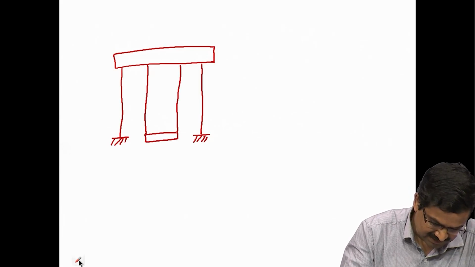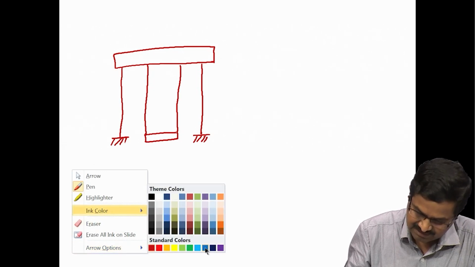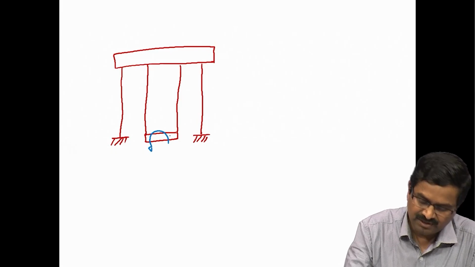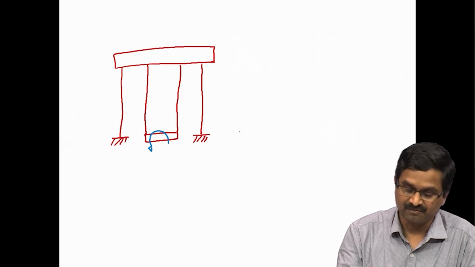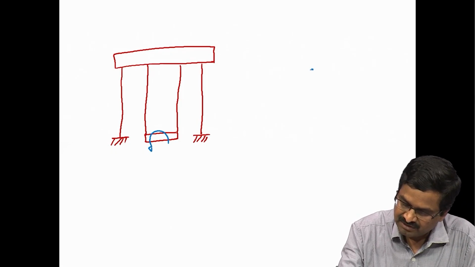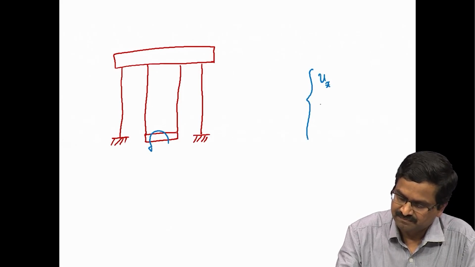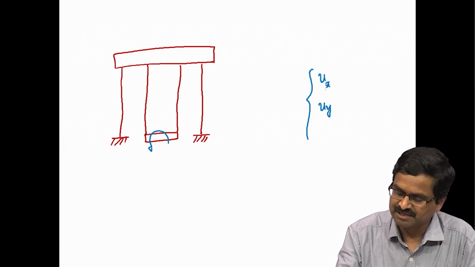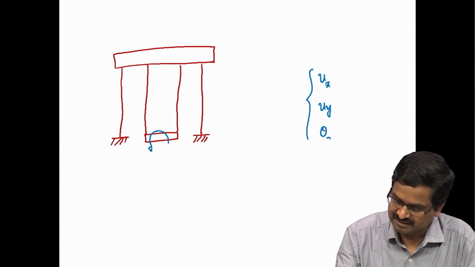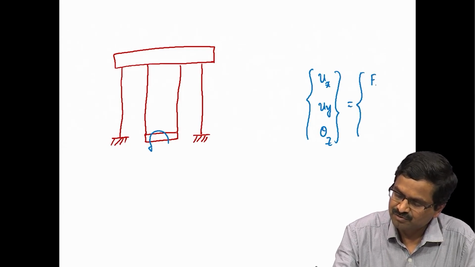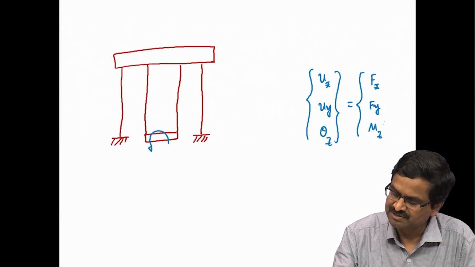Now, what I am saying is that what we just ran is applying a moment load on it. When we did that, instead of purely rotating, it also moved in the x and y. Why does it do that? Because the 3 degrees of freedom of this one, if I call this ux, uy, x displacement, y displacement, and theta z, these will have corresponding forces fx, fy, and moment mz that we just applied.